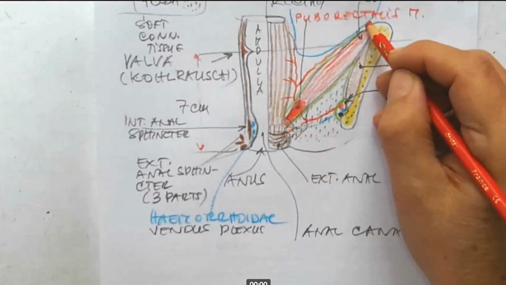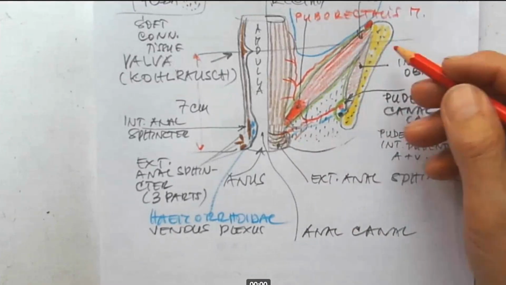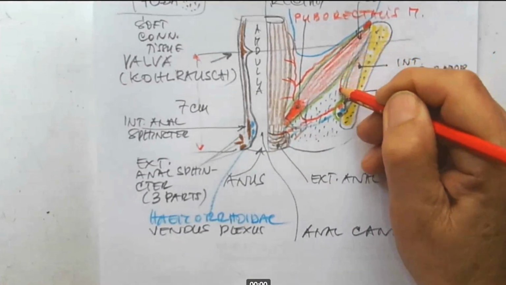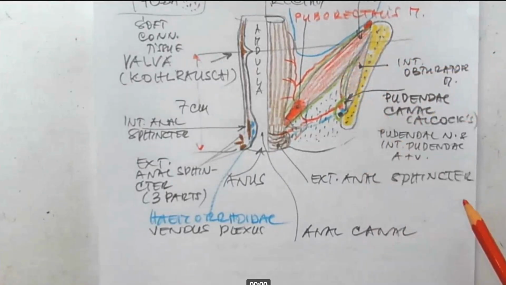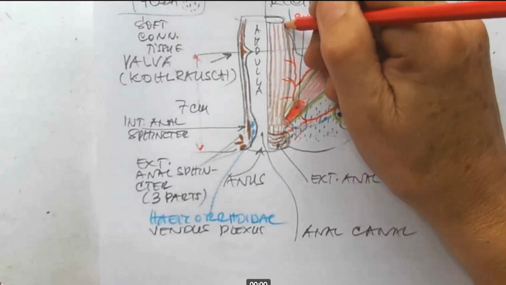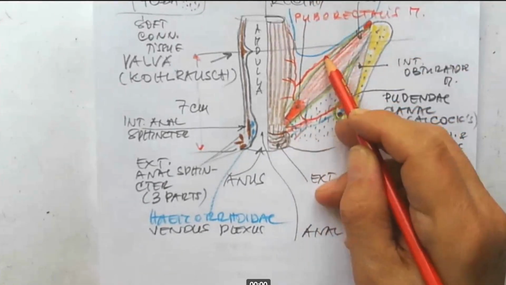Here would be the internal iliac artery that passes here and sends the internal pudendal artery. And note please that there are two arteries, inferior rectal, middle rectal, right?